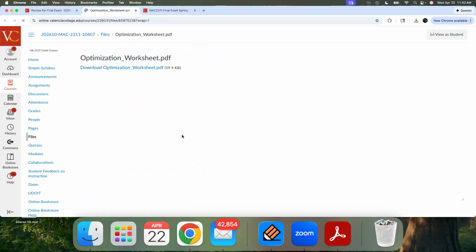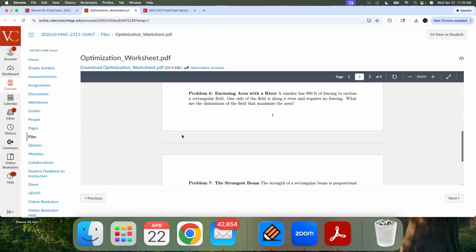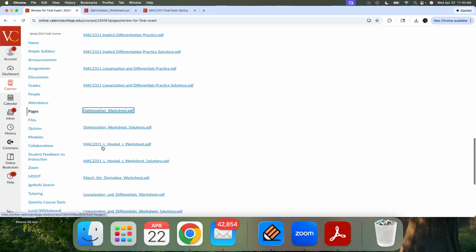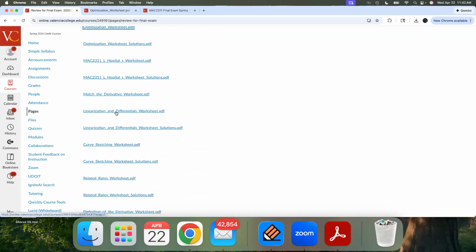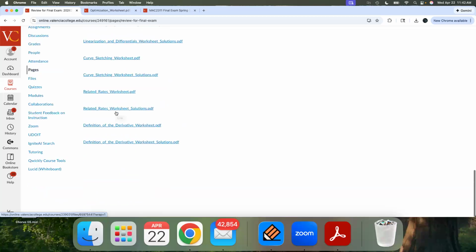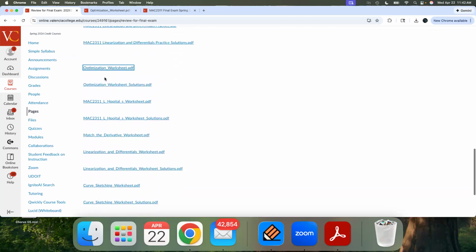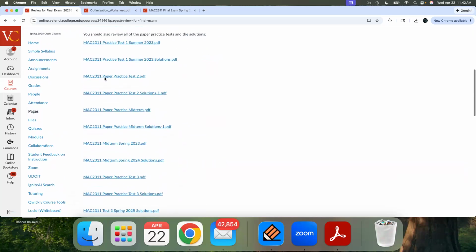But then, look, here's a bunch of extra optimization problems that you can work. And I have all the solutions here. Here's a bunch of extra L'Hopital's, a bunch of extra linearization. I've got all these extra worksheets in here. If you can do every problem that exists here on this page, you're going to do great on the final.